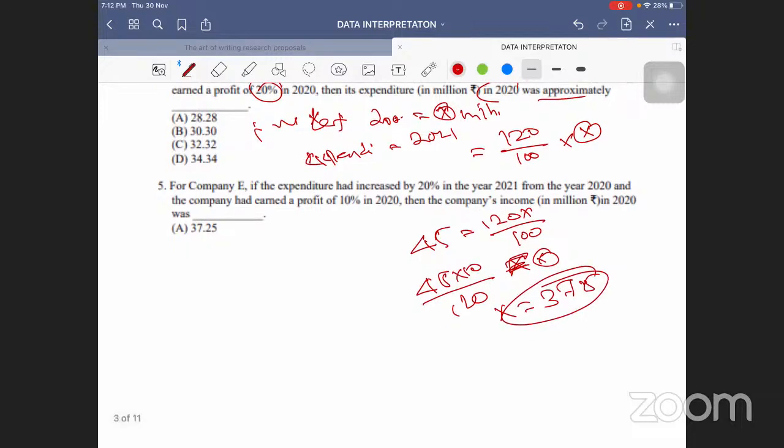Okay, then the next step is the expenditure of the company in 2020. They are asking for the expenditure of the company in 2020. So we'll take income as X percentage, say Y percentage.